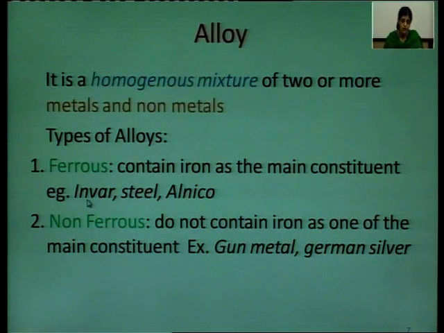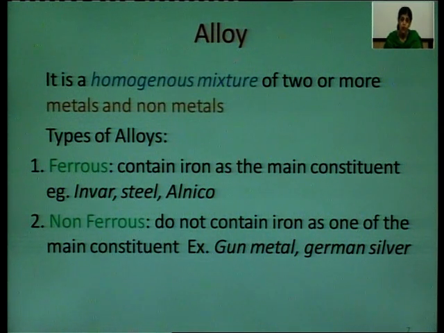So, the examples of ferrous alloy are Invar, steel, alnico. And the examples of non-ferrous alloys are your gunmetal, German silver, brass. These do not contain any amount of iron in them, so they are non-ferrous alloys. So, remember that steel is a ferrous alloy.